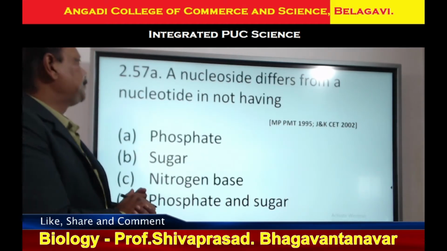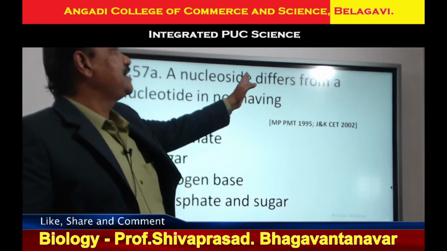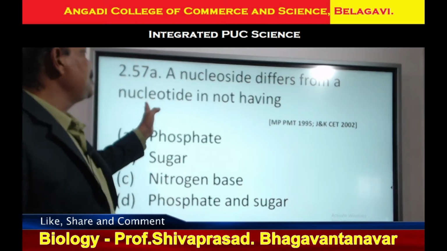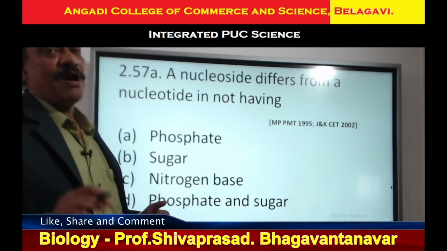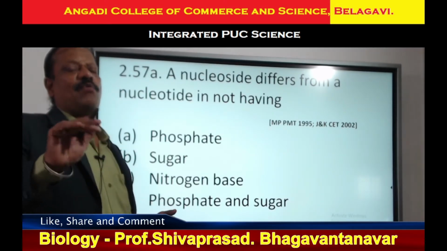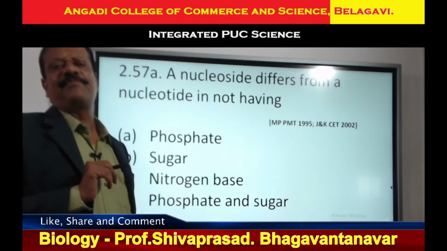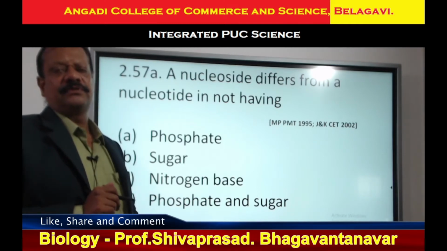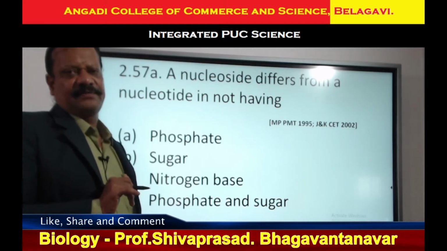Now see, a nucleoside differs from a nucleotide in not having. First of all, you have to understand what is nucleotide and what is nucleoside. In case of nucleoside, here sugar phosphate will be present.